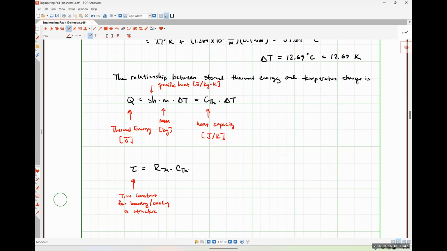So it's literally the exact same time constant as an analogous RC circuit.